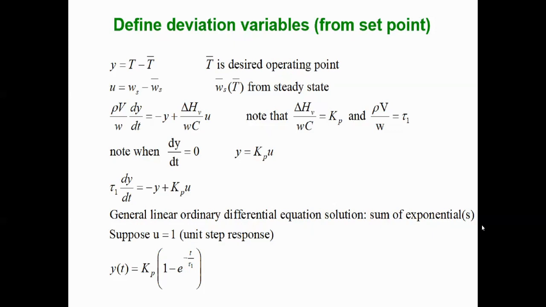And that will give you the general linear ordinary differential equation solutions, which is the sum of the exponentials. That is when we have u equal to 1, the unit step response, then we have y(t) equal to K_p times (1 minus e to the power of minus t over tau).